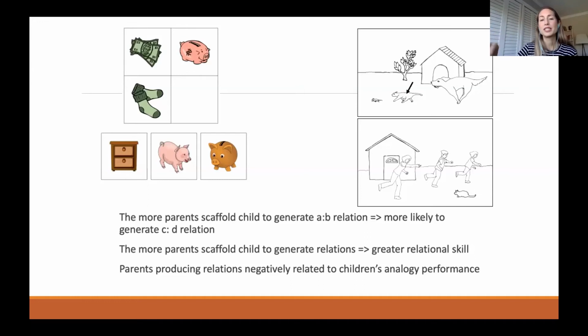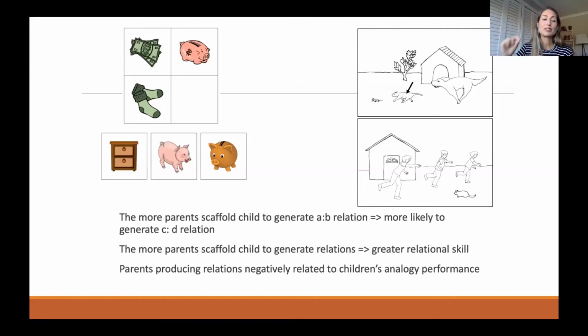So in this study, we actually did a relational version of the scene mapping task. So we had a measure of their skill. In these families where parents were more likely to have their child generate relations, these kids turn out to be better relational reasoners.